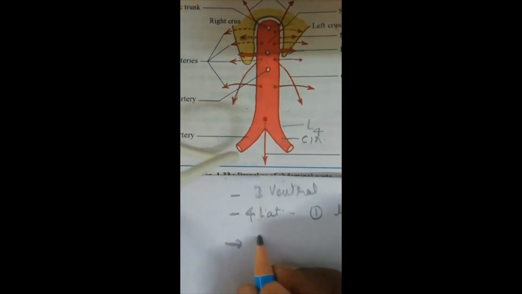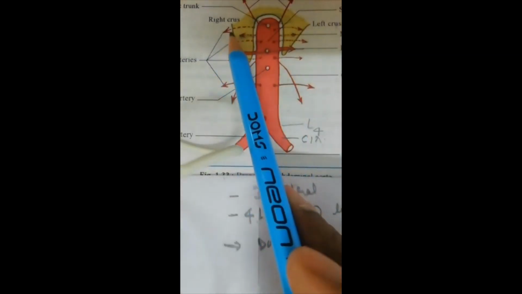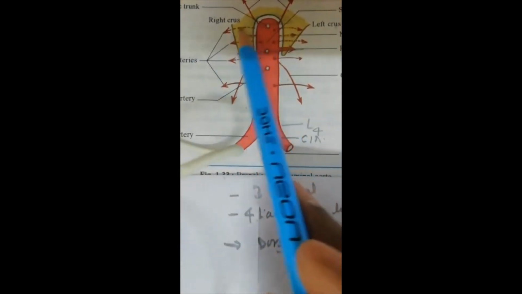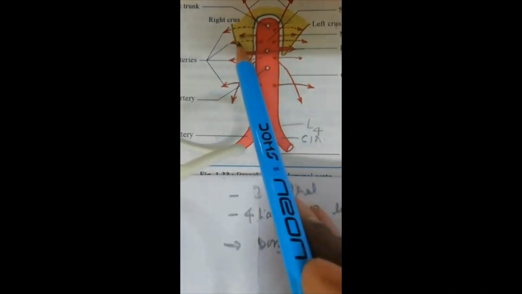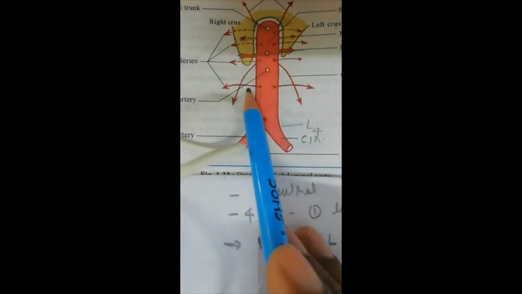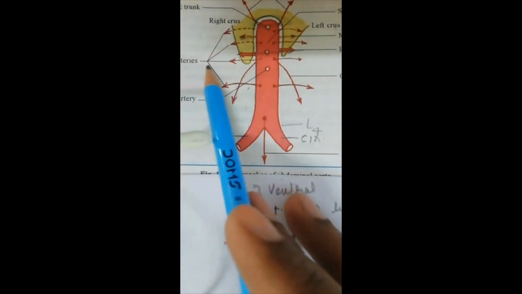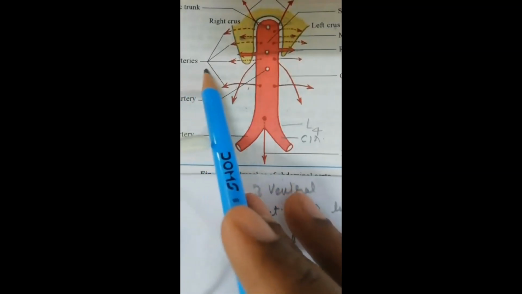Now coming to the dorsal branches, which arise from its dorsal aspect. These are the four lumbar arteries, the dotted arteries we are seeing: first, second, third and fourth lumbar artery, arising from its dorsal side.